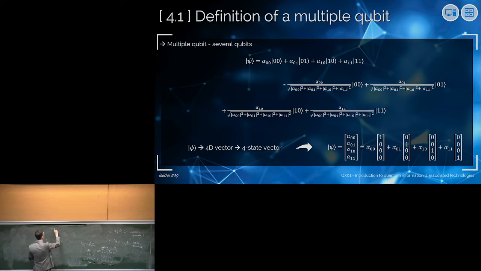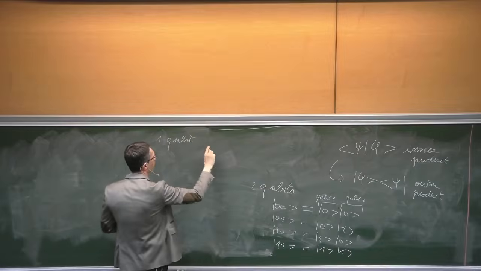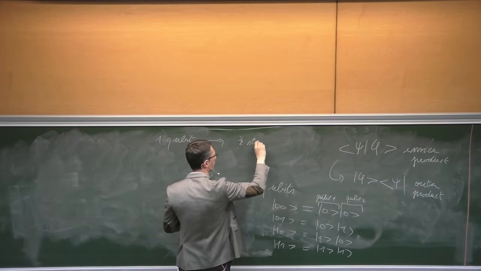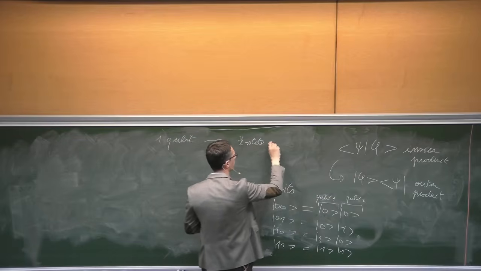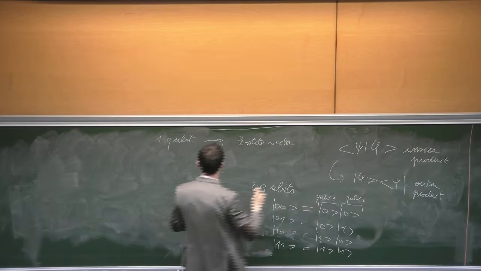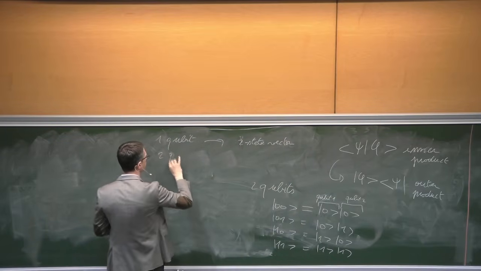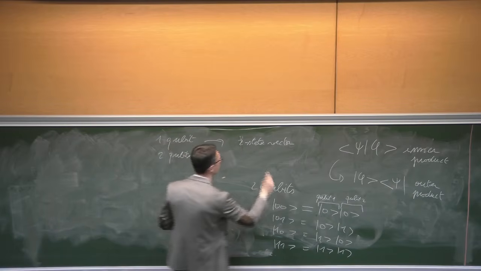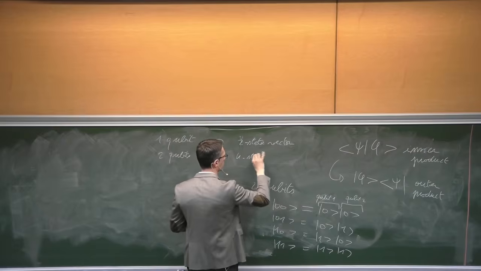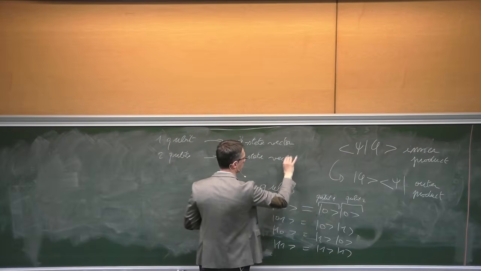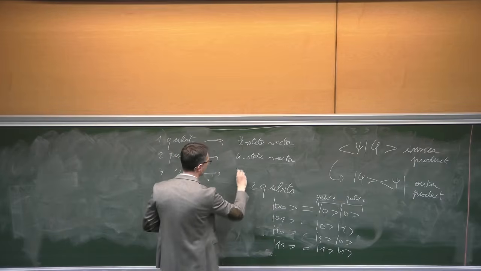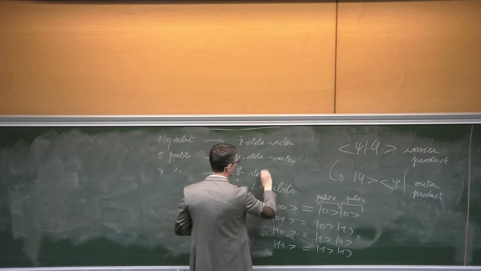So for 1 qubit, I've got a 2-state vector. For 2 qubits, I've got a 4-state vector. For 3 qubits, I have an 8-state vector.